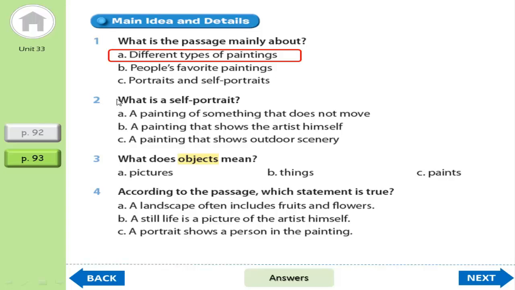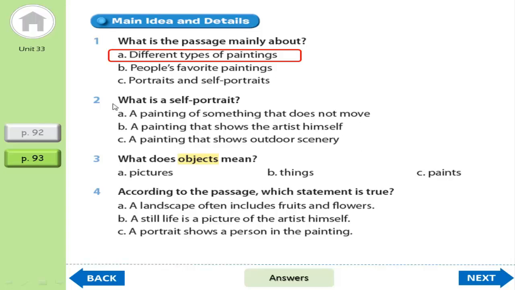Now question 2. What is a self-portrait? A. A painting of something that does not move. B. A painting that shows the artist himself. C. A painting that shows outdoor sceneries.